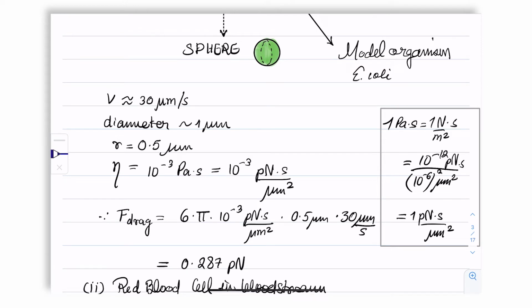So coming back to the equation itself, F drag, the force of drag, is equal to 6 pi eta r v. Eta is 10 to the power minus 3 piconewton second per micrometer square. R is 0.5 micron. V is 30 micrometers per second. The answer is 0.287 piconewton.